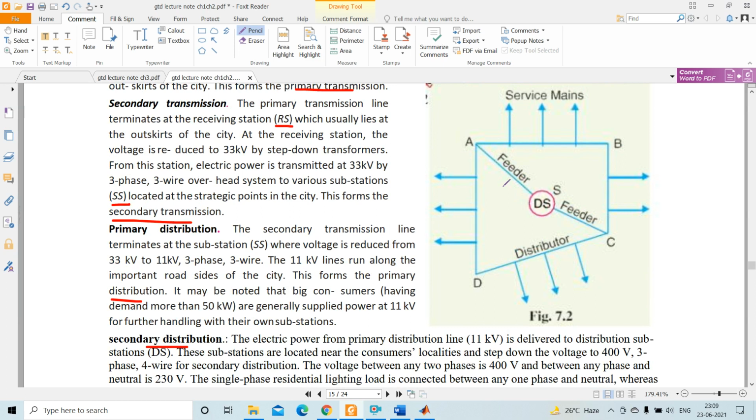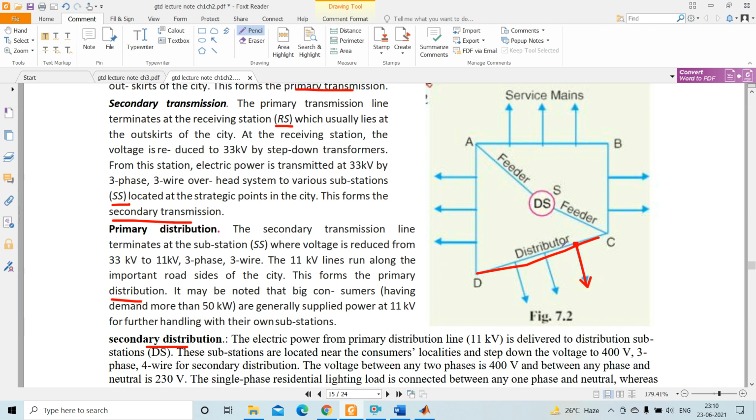Here is another figure. It describes the distribution substation. From here, feeder lines give supply to the distributor line. This is the distributor line, and from this distributor, different loads are tapped.